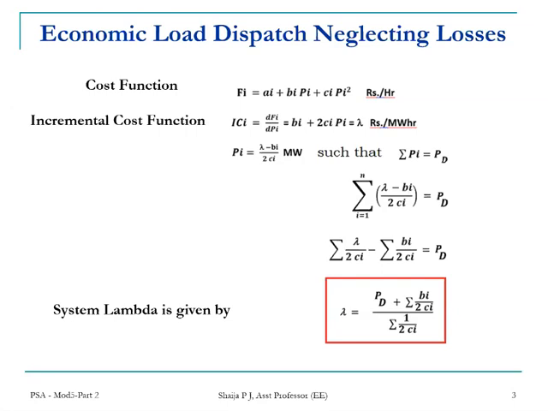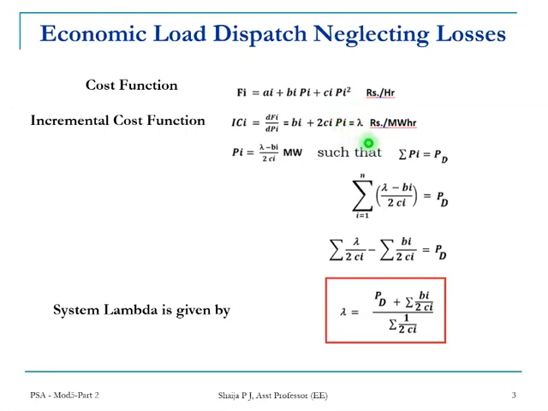And the incremental cost function, ICi, IC stands for incremental cost function, and it is given by dFi by dPi. So that is equal to Bi plus 2 into Ci into Pi.